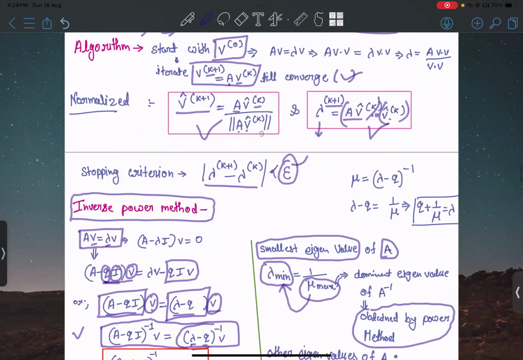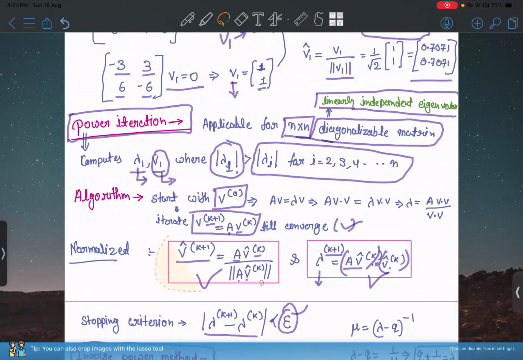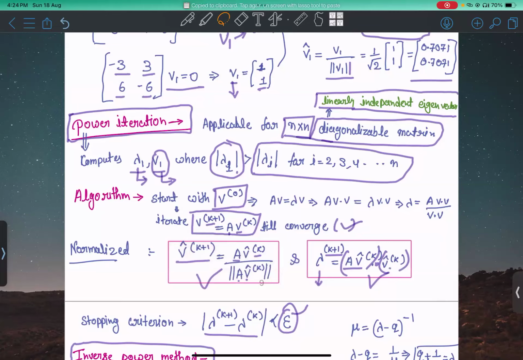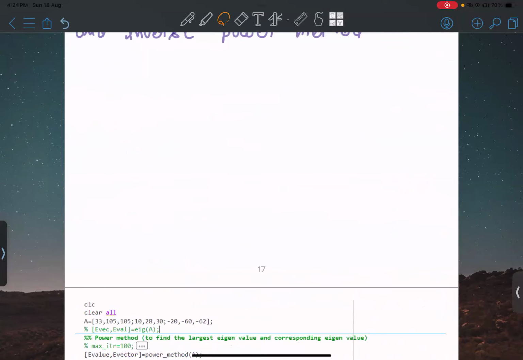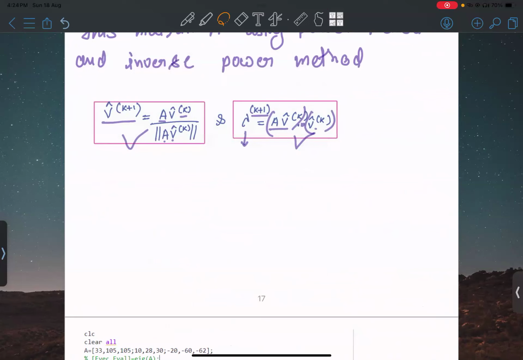Okay, so what was the algorithm for the power method? I simply copy from here. So this is the formula for the power method. Some initial guess v0, I will take.